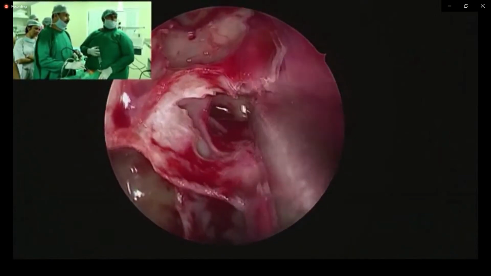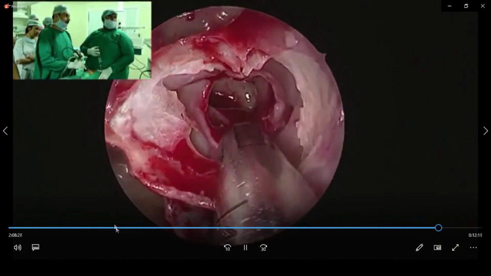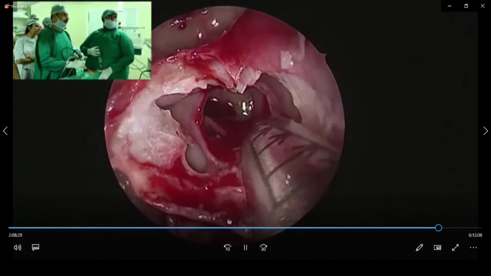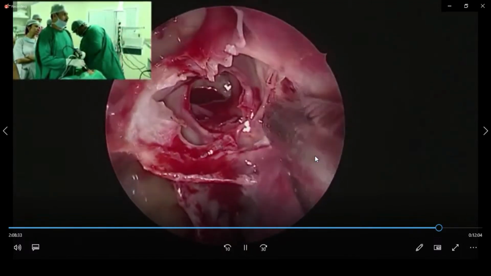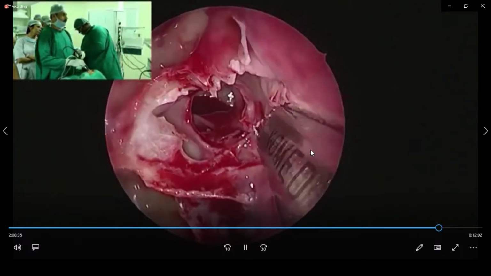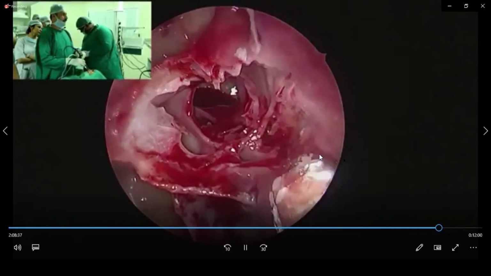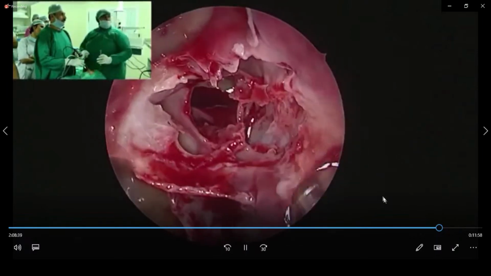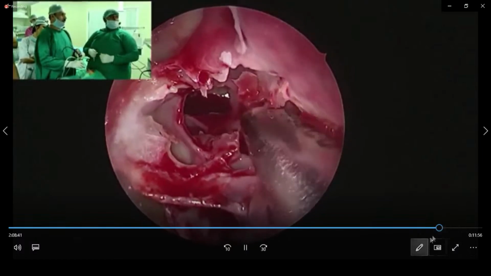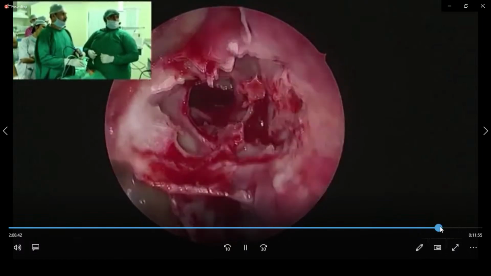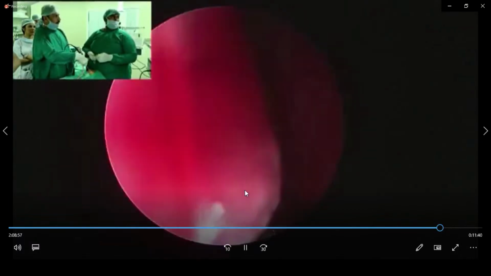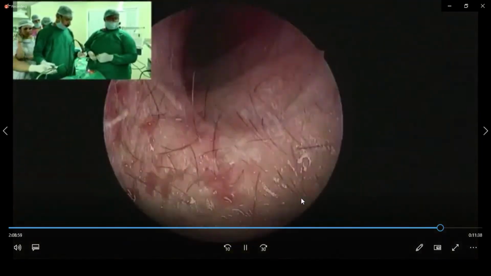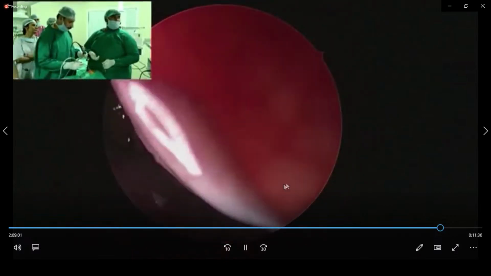I should be able to know where exactly the opening of the sphenoid sinus is. So stay medially. Once you stay medially, you will be able to see the superior turbinate. That's the superior turbinate. Once you see the superior turbinate, stay medial to it.